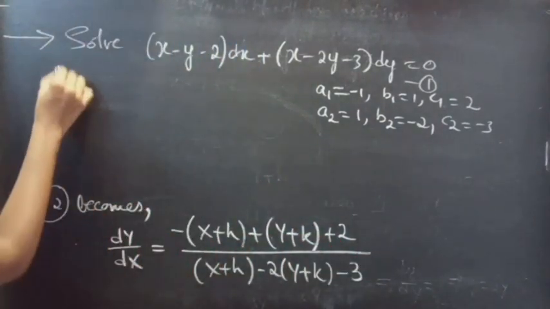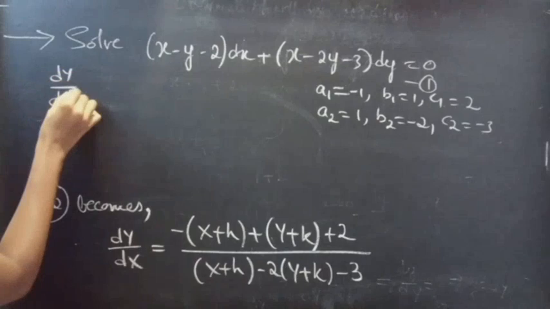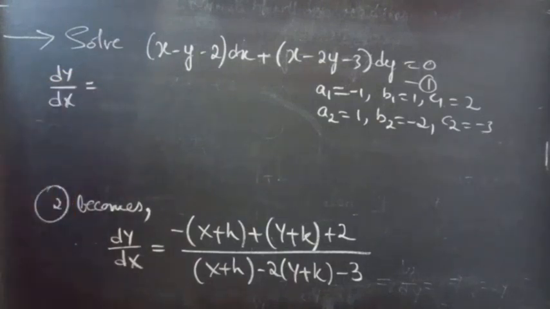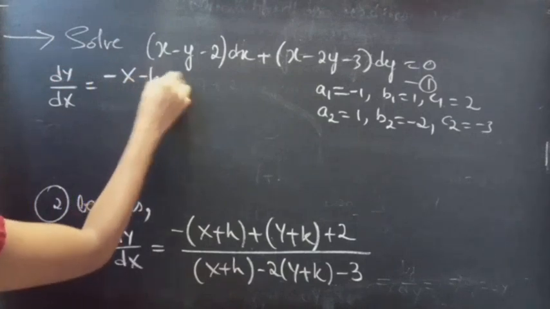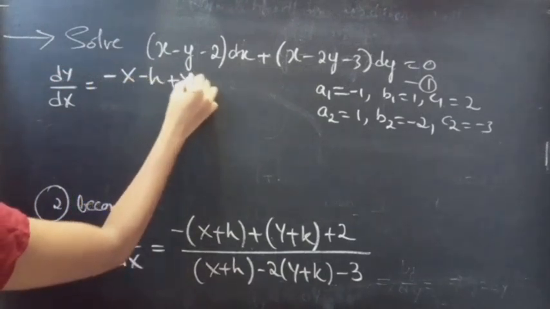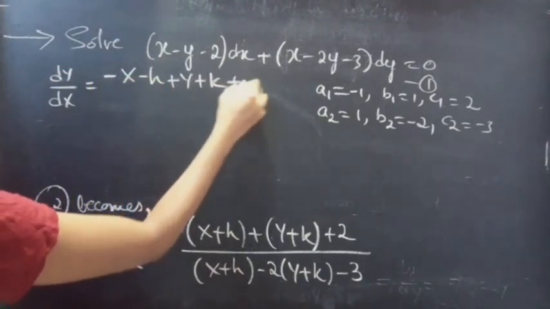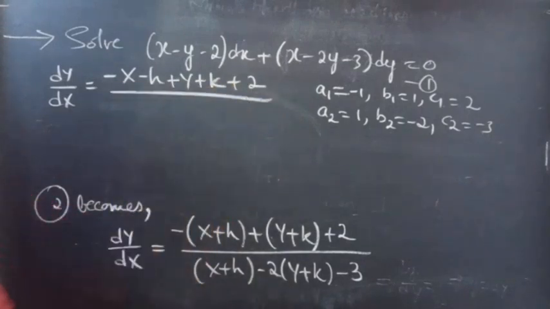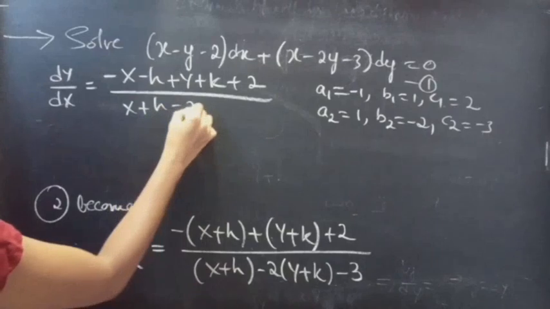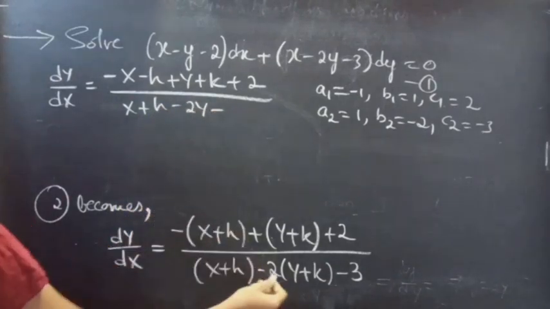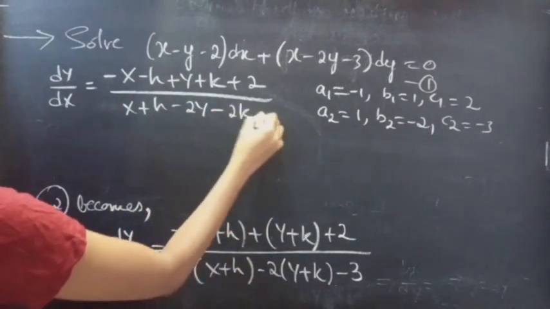This becomes dy/dx = (−x − h + y + k + 2)/(x + h − 2y − 2k − 3).